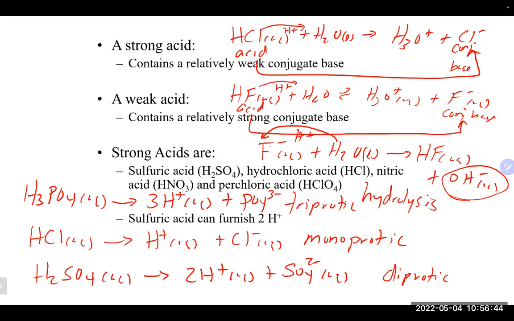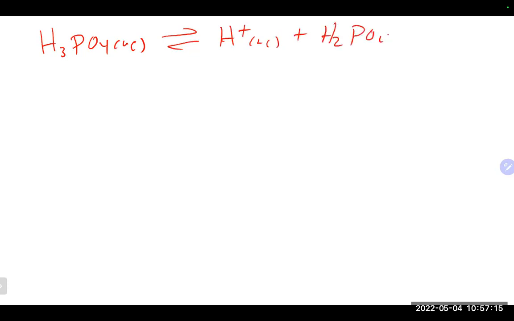Same thing with something like phosphoric acid. They actually come off one at a time. So let's take a look at how that progresses. If we look at, say, phosphoric acid, the first thing that happens is it will lose one H, and that will leave something like H2PO4 minus.